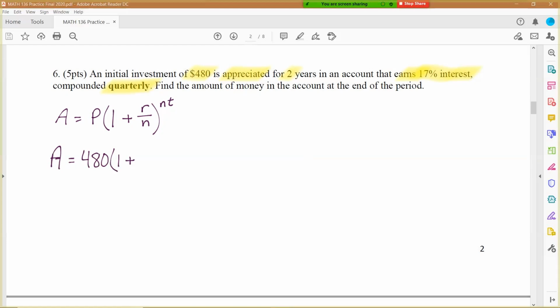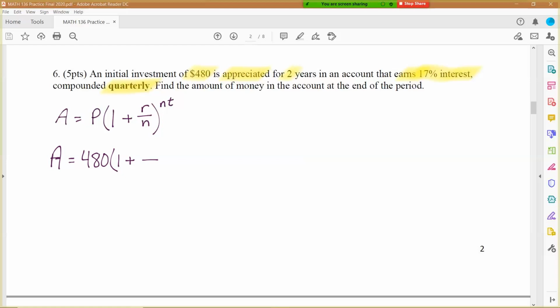For the fraction inside our parentheses, what does R represent? The rate. If you forget, it tells you on your reference sheet. So there's a little paragraph above it. It says if a principal P is invested for t years at an annual rate R, compounded n times per year, then the amount A, or the ending balance, can be found with this formula.